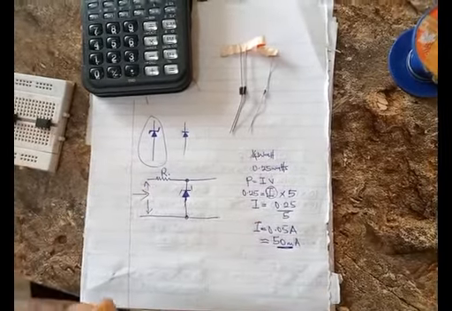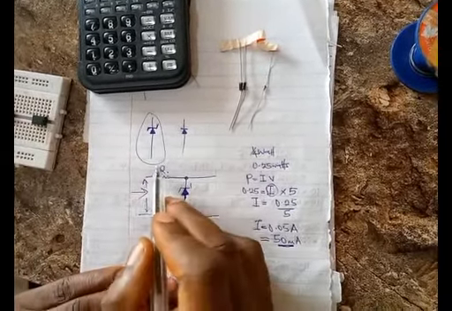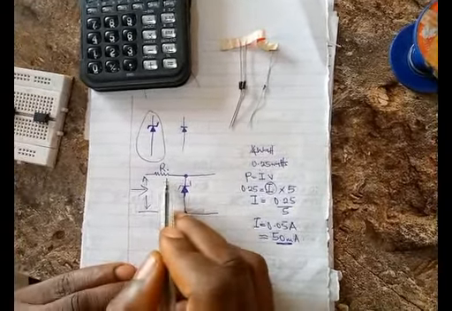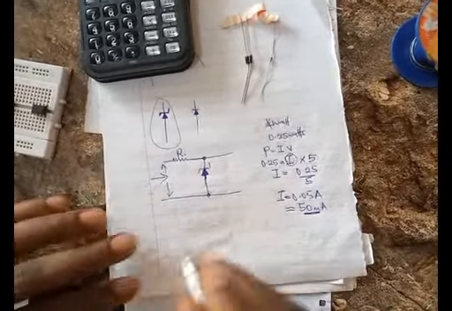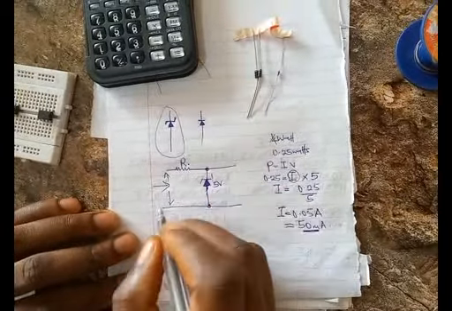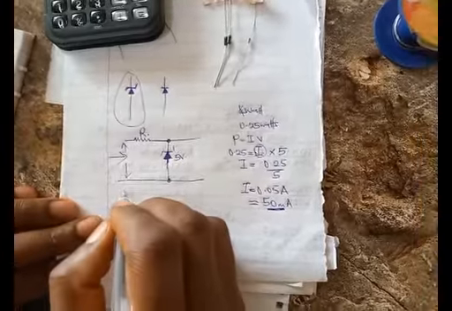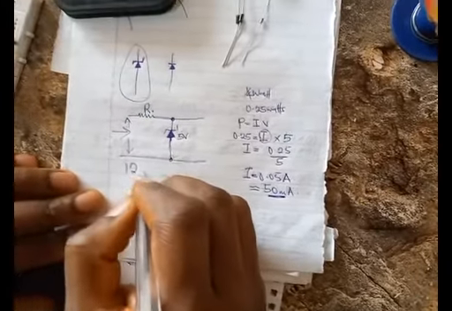Okay. Now, where does this come in? We need this for us to be able to know the resistance value we'll be using here. Now, let's assume we want to feed this 5-volt Zener, at the input side, with maybe a 12-volt input. All right.